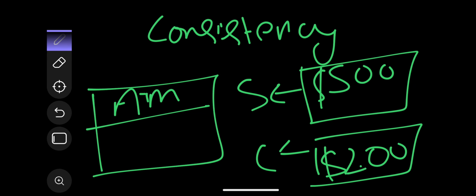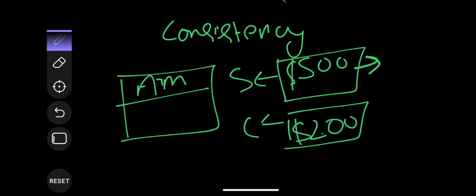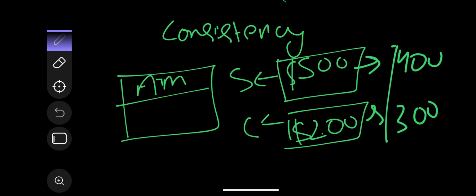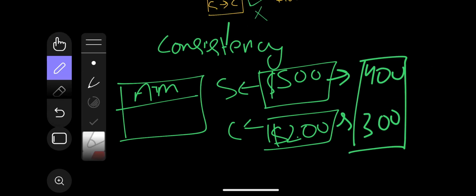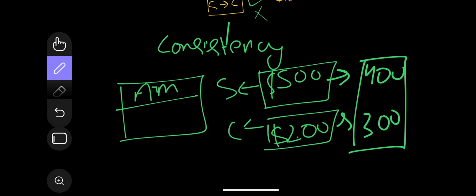Now, after transferring $100, you should have $400 in your savings, because you took $100 from here, and $300 in checking. So the sum before and after should remain $700. Correct?